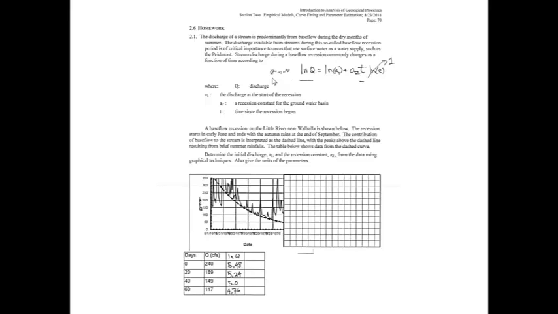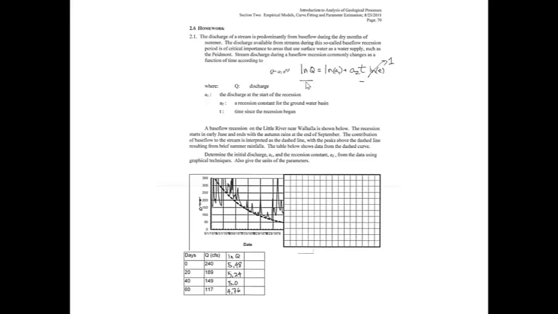The thing to do then is to use the log transform and apply it to the exponential function, and when you do that you get this equation. It's the natural log of q as a function of time. The natural log of e just becomes 1.